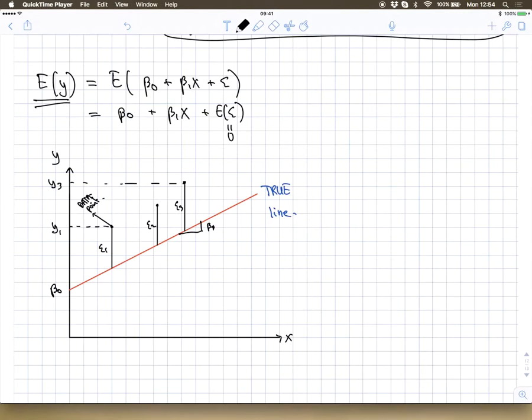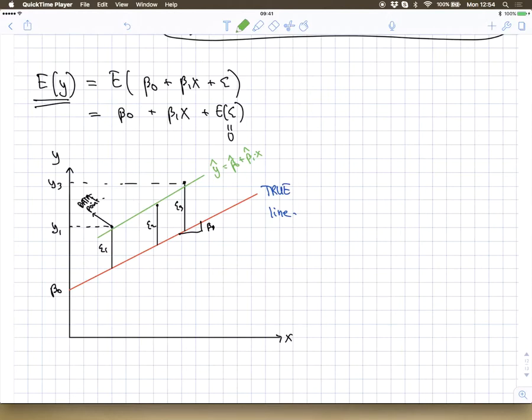The fitted line is going to be the OLS line, and it's going to probably look something like this. This is the y hat, which is equal to beta 0 hat plus beta 1 hat times x. That's the fitted line. That's my prediction. Those are my predicted y's.